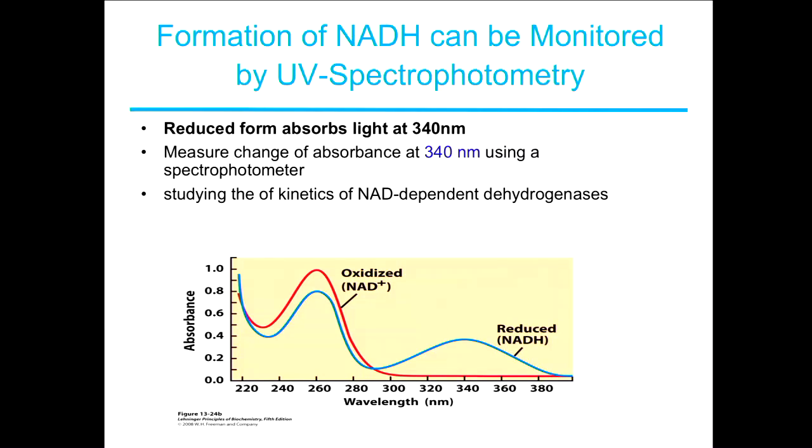So you can study the kinetics of the enzyme by following what's going on with the cofactor. And fortunately, with these particular cofactors, it is relatively easy to put it in a test tube and put it in a spectrophotometer, dial to 340, and just watch the change. It's sort of a color change, but this is more UV light, so you can't really see it too well by eye. Okay, so you can study the kinetics of these different dehydrogenases.